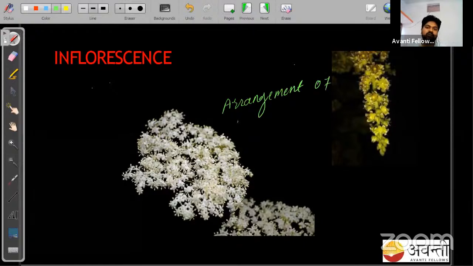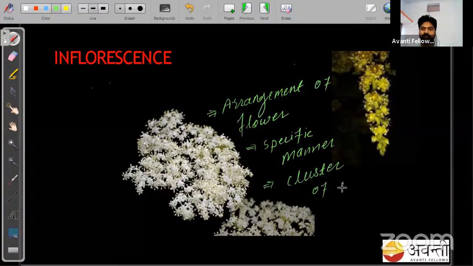Then how are the flowers arranged? The flowers are arranged in a specific manner, and it is also known as a cluster of flowers.